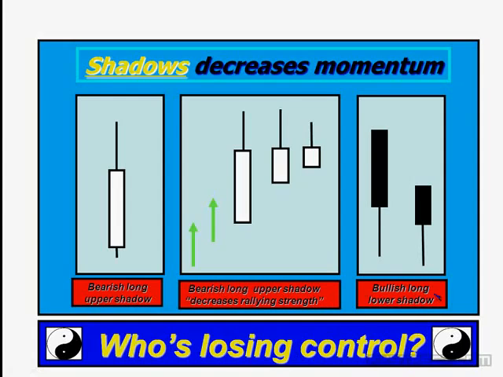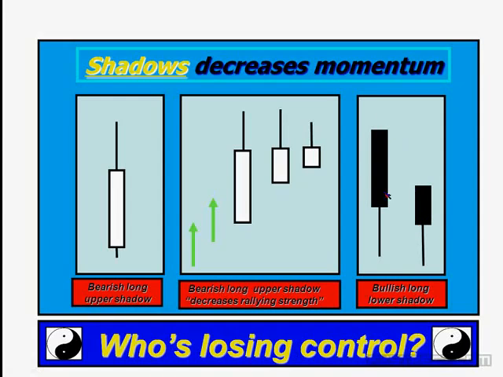Last but not least is the exact opposite, and this is what we call a bullish long lower shadow. So most of you will look at these two bearish black candles and say to me, this is negative price action. And you're exactly right. But you're also wrong at the same time.